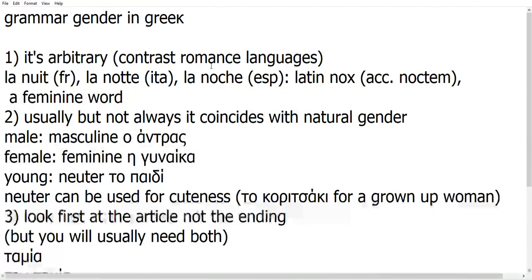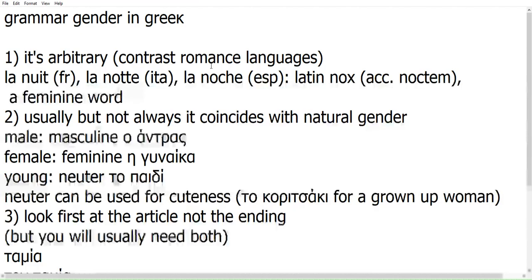And the less obvious point that sometimes is missed is that for young people or animals, we very often use the neuter. And we might also use it for cuteness. Like we can say το κοριτσάκι, talking about a 30, 40-year-old woman, because we want to show affection or be cute with her, so tell her that she's cute, something like that.